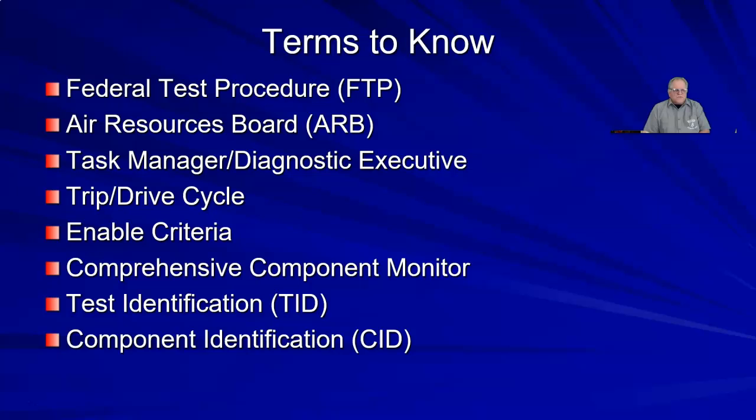Some of the terms that you'll need to learn, or at least understand, as we go through this: FTP. You'll hear me make reference to that acronym several times, and that is the Federal Test Procedure. The Federal Test Procedure has to do with the requirements for any manufacturer to be able to sell a car in the United States.